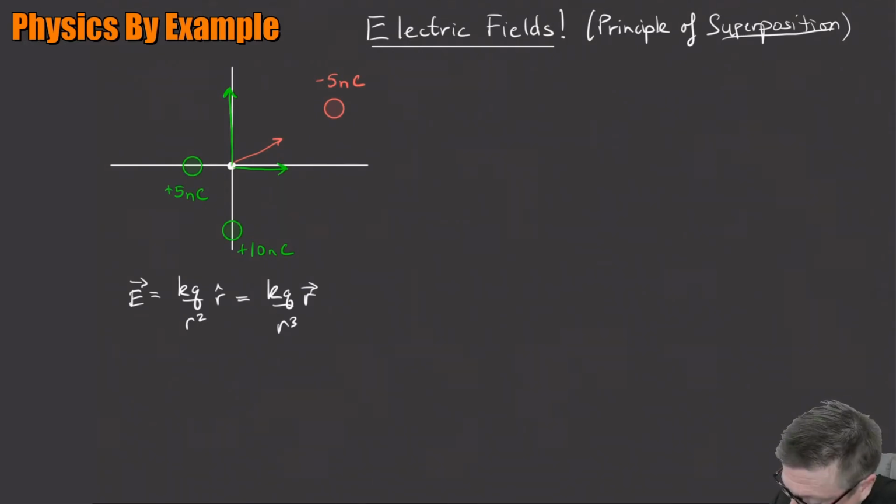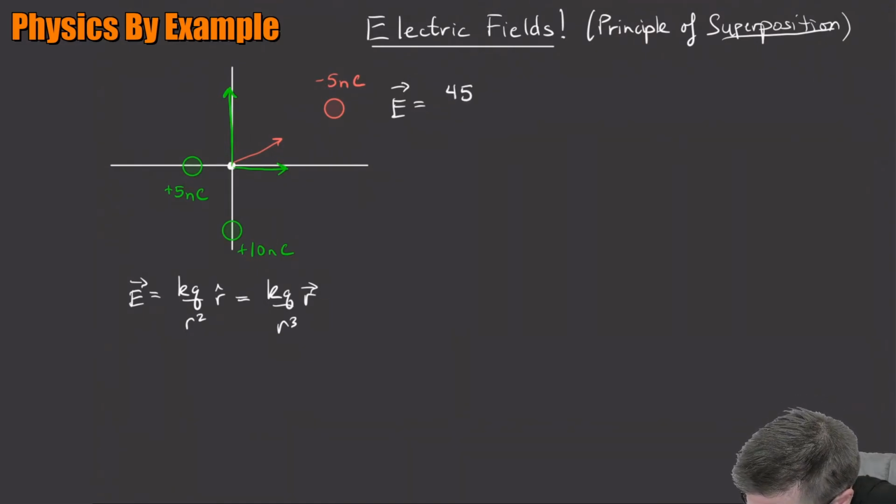It's a beautifully simple principle that works in many, many different areas of physics. Okay, so here we go. We're going to do it a little bit faster this time. Let's do the plus 5. That's going to be KQ, so 9 times 10 to the 9th times 5 times 10 to the -9, which shortens to 45, over the distance.